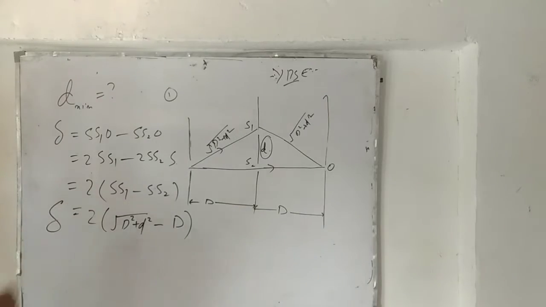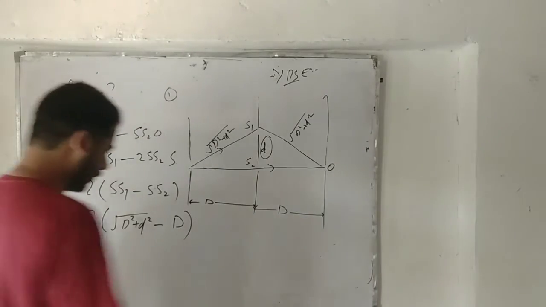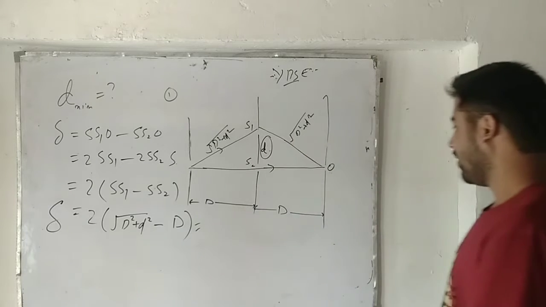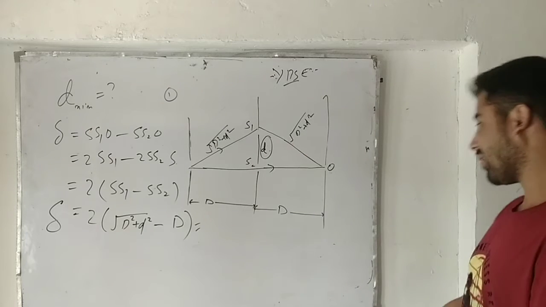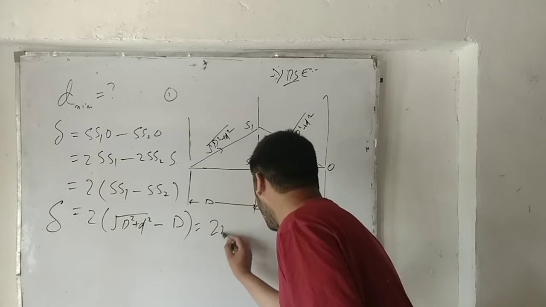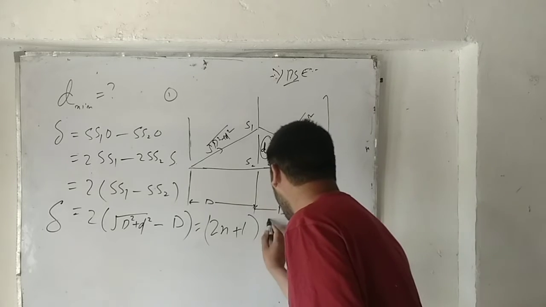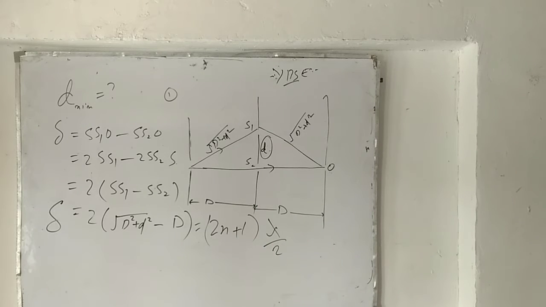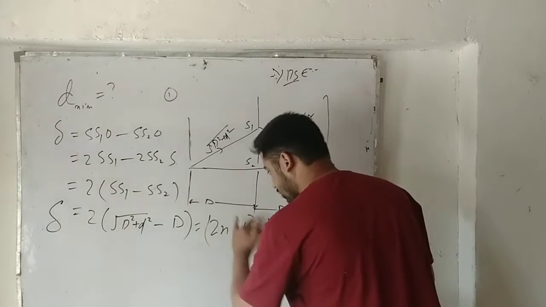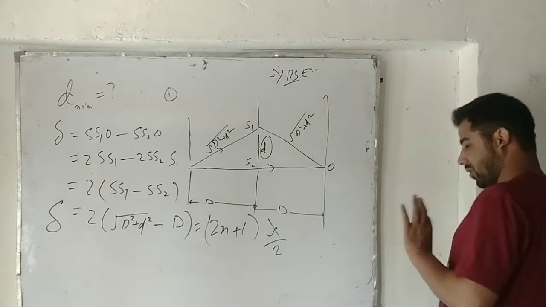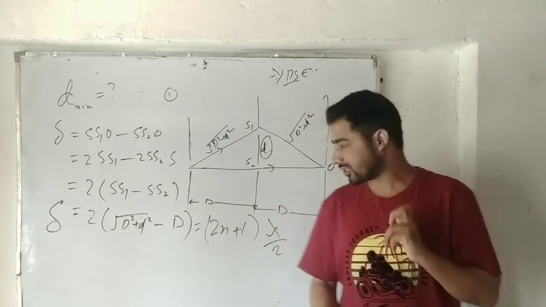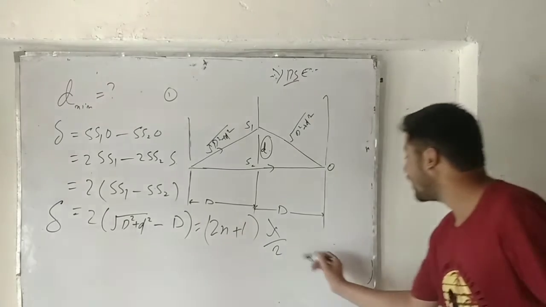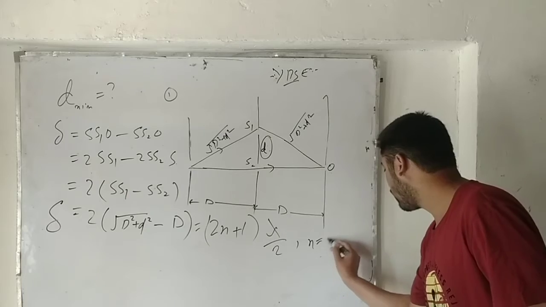This will be my delta, the path difference, and I will equate it to the condition for destructive interference for a dark fringe of any order, which is (2n+1) lambda by 2. Since the dark fringe appears at the center, the question permits me to put n as 0.